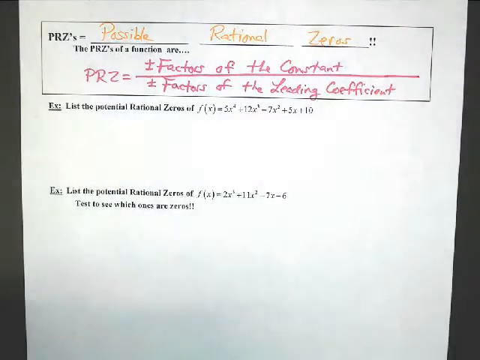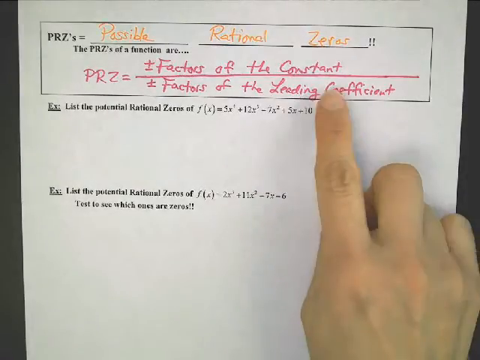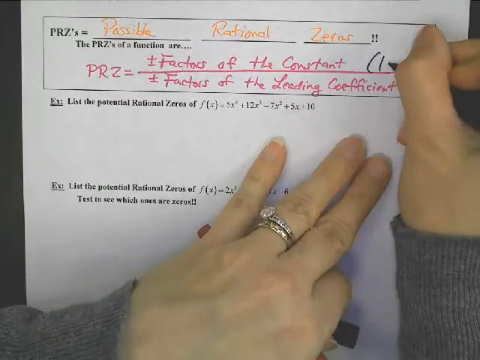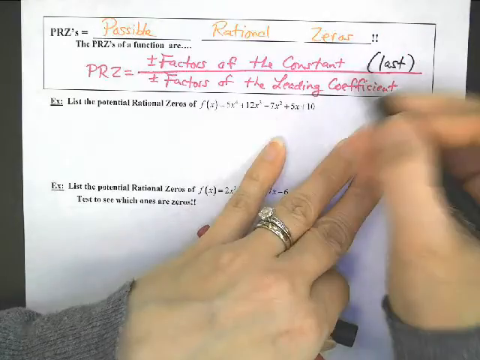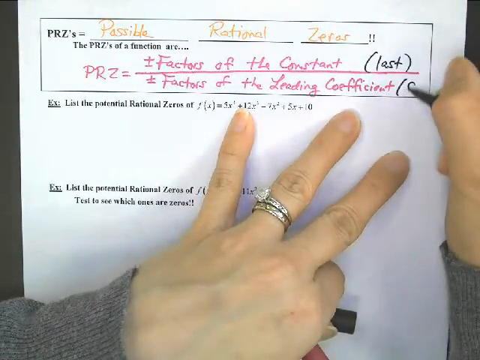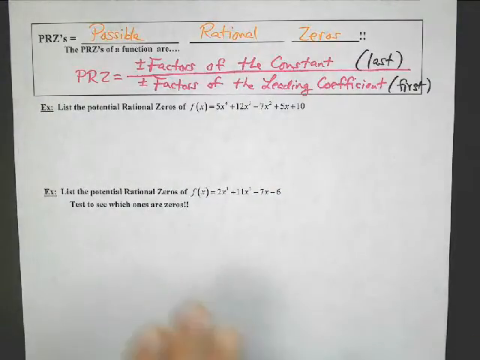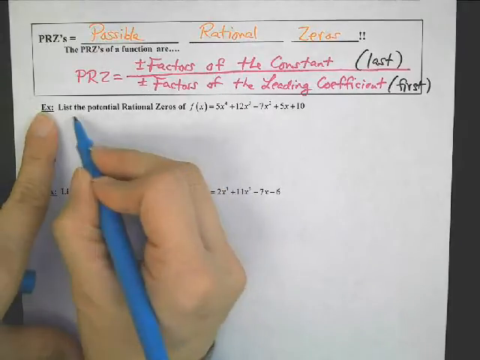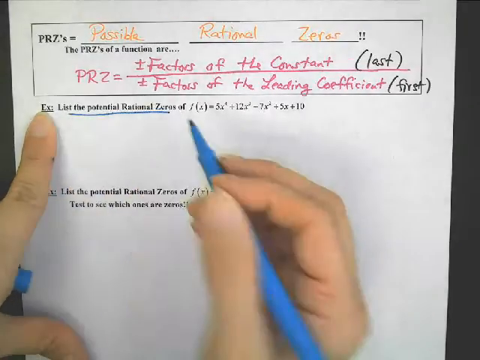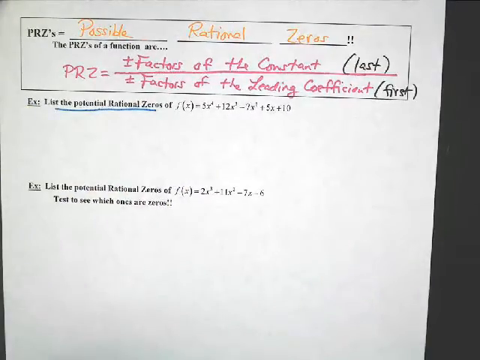Okay, and let's just remind everyone what those are. The constant is the last number. The leading coefficient is that first number that you see. So let's go ahead and do an example, and then I'll talk to you again about what these are. So let's make a list of the potential or the possible rational zeros.